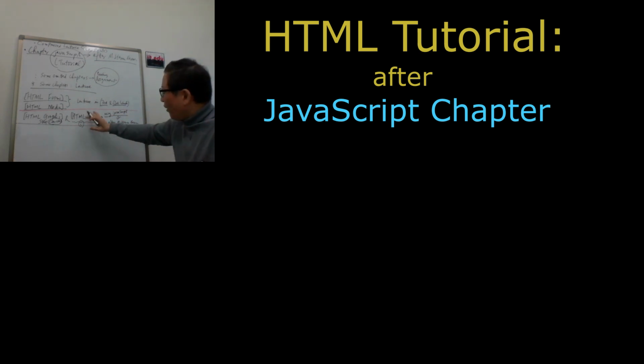Thus, I will skip them at this moment, and they will be covered after the midterm exam. That means after understanding JavaScript, we learn them in detail. After learning JavaScript, we'll be back later.